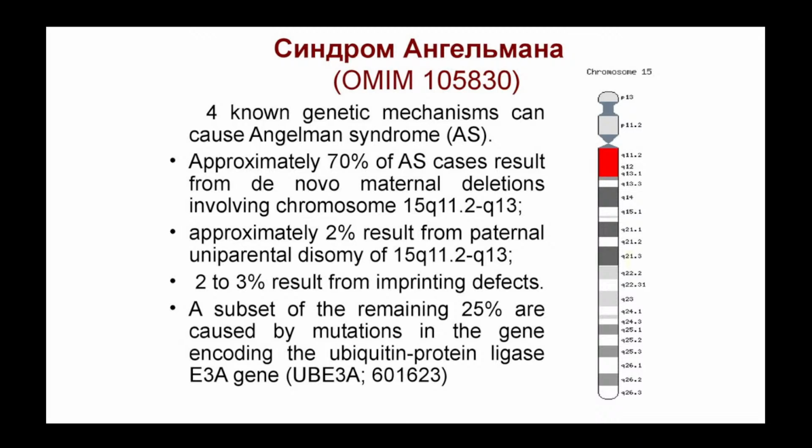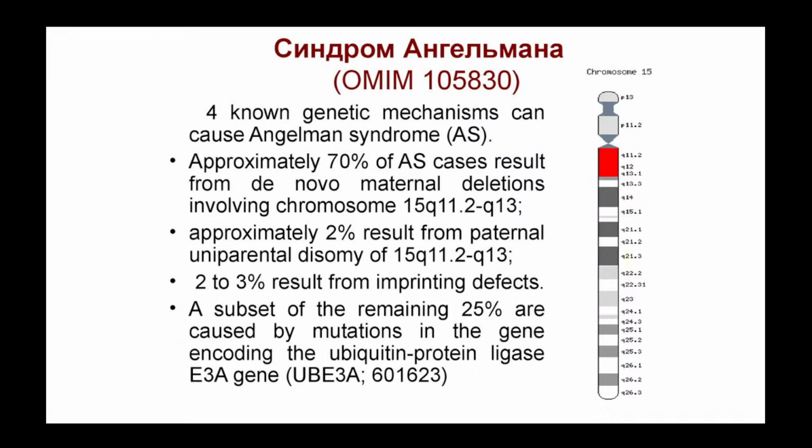Four known genetic mechanisms can cause Angelman syndrome. 70% of Angelman syndrome cases result from de novo deletion of the maternal chromosome. This deletion occurs in the ovum during gametogenesis.